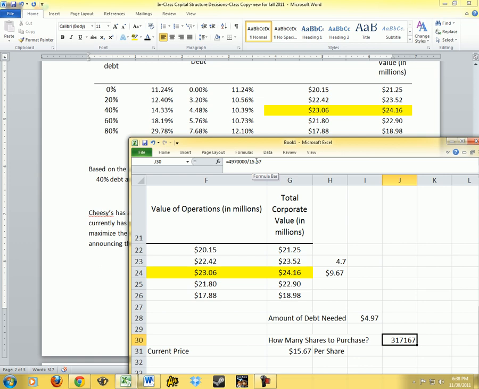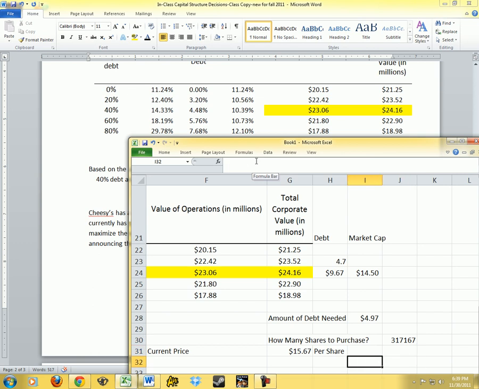After we do that, our market cap is going to be equal to 24.16 minus 9.67. So we have a market cap of 14.5 million.